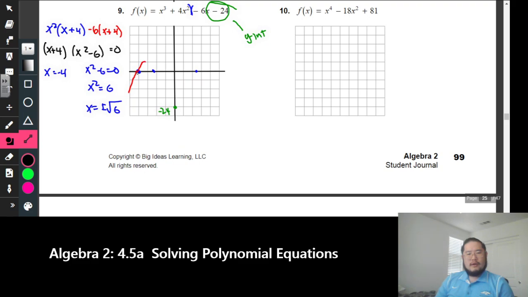And it's going to come back down right here at square root of negative 6. Remember, I don't know how high this actually goes right here unless I start plugging in numbers or use a graphing calculator. So this part won't be accurate, but what I do know is that it's going to go through negative square root of 6, and then it's going to go all the way down this time to negative 24 because that's my y-intercept.